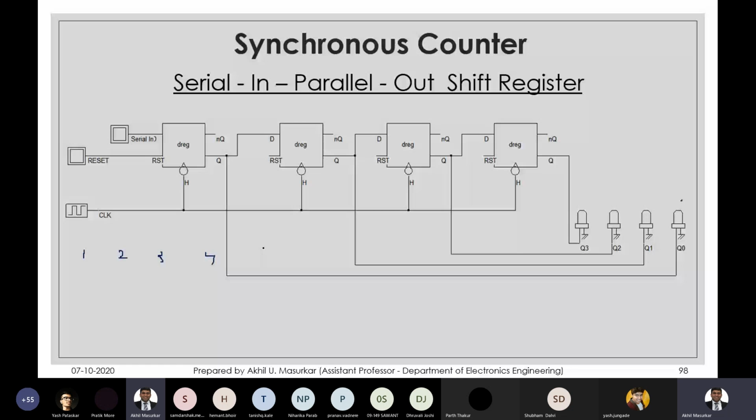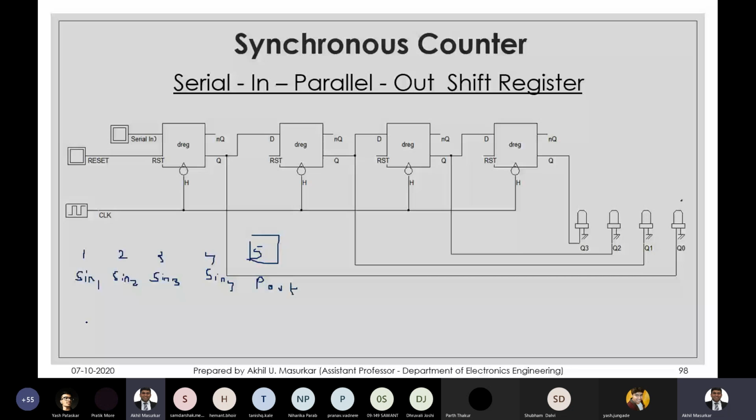At clock number 1 we have serial in, then at clock number 2 also data is coming serially in, at clock number 3 also, and at clock number 4 also you are getting serial in. At the fifth clock you will get parallel out.